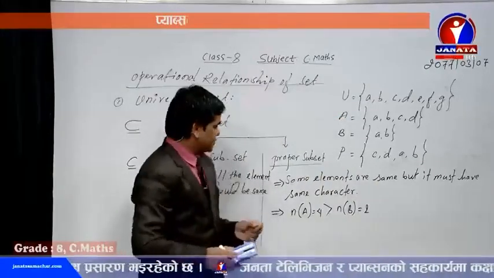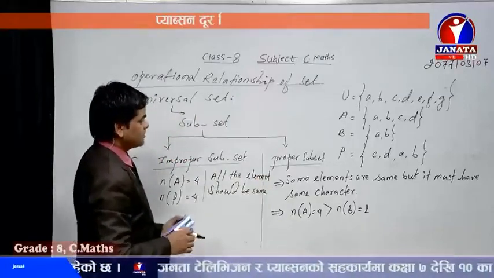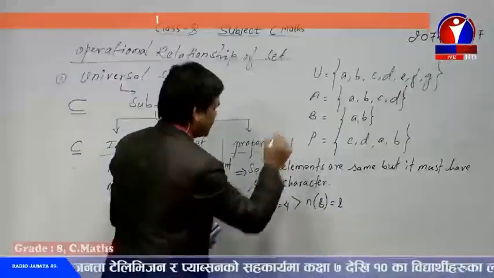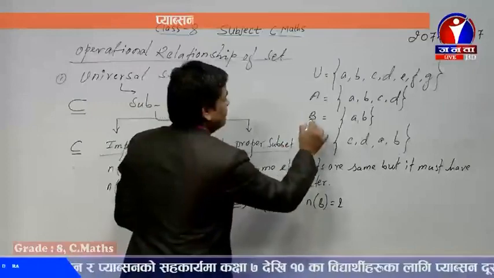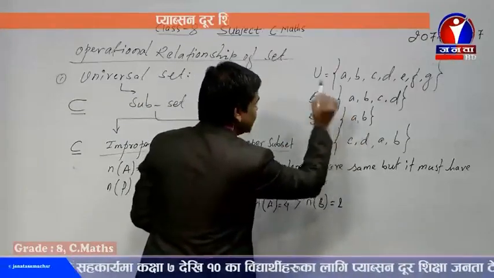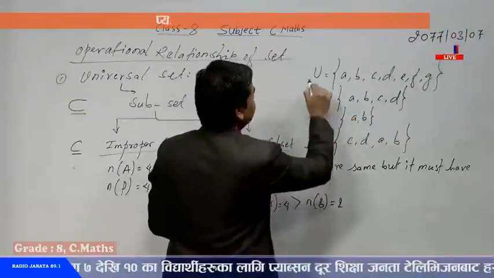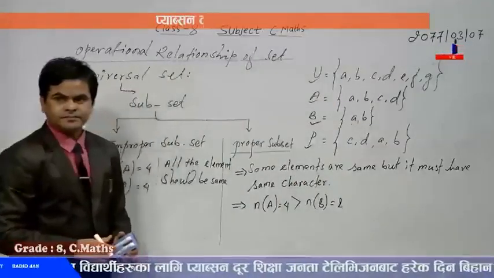So in this way we define the proper subset, and the sign for the proper subset is: B is the proper subset of A as well, P as well, and then U as well.